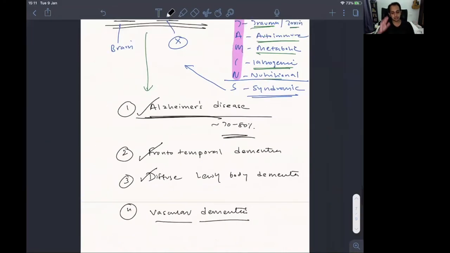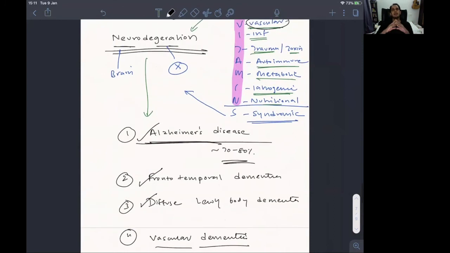Okay, now let's just revise what we have done so far. A patient comes to you with memory loss. That's it. So that is where we started. You first have to find out, is it affecting his activities of daily living? So that means, is it a mild cognitive impairment, or is it dementia proper?